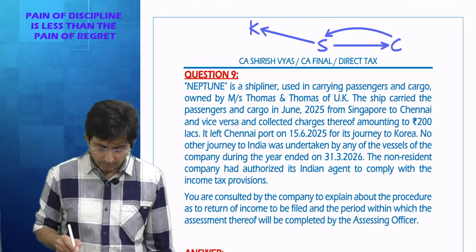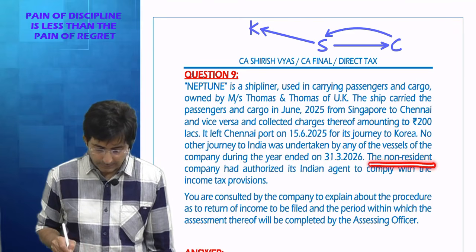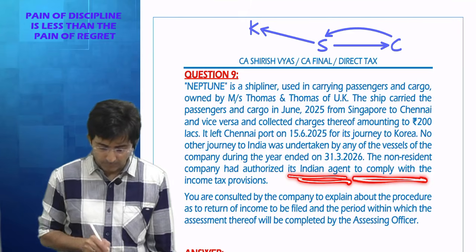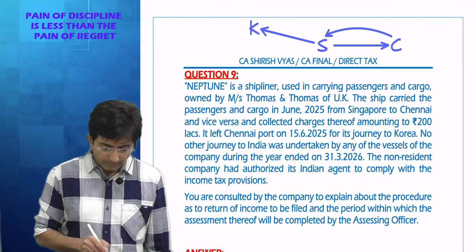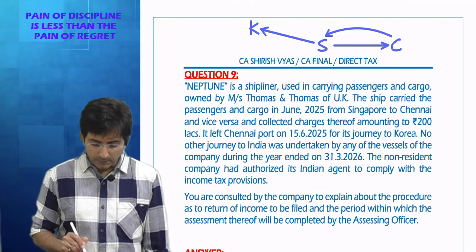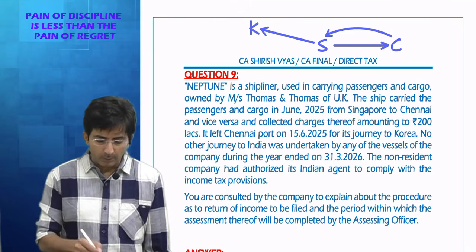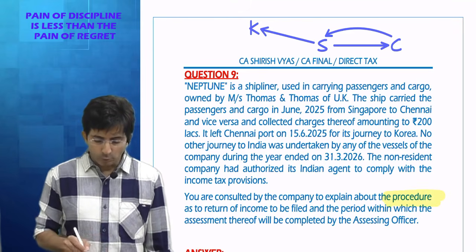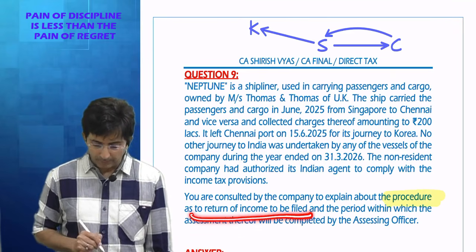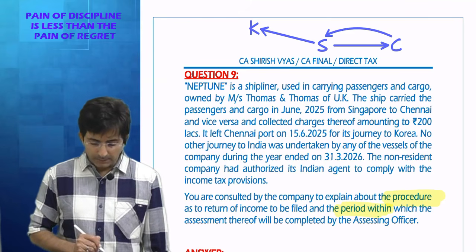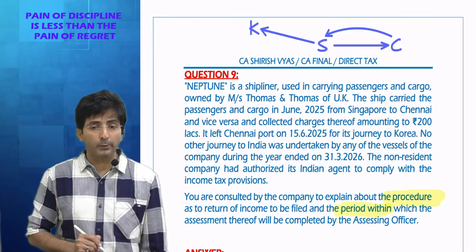Now, read this. The non-resident company, means Thomas, has authorized an agent in India to comply with income tax provisions. Read the main part of the question. You are consulted by the company to explain the procedure as to return of income to be filed and the period within which assessment will be completed by the AO.